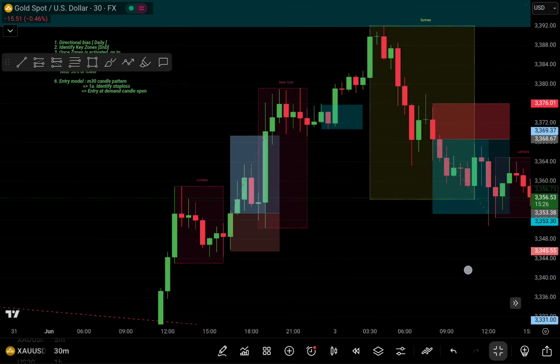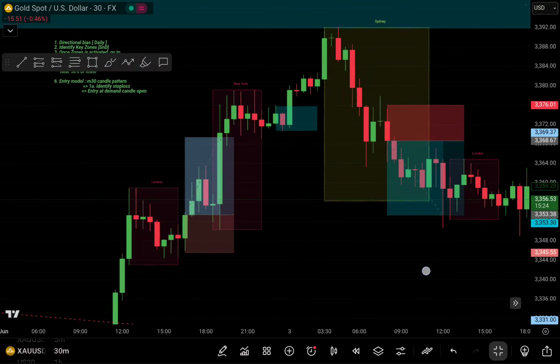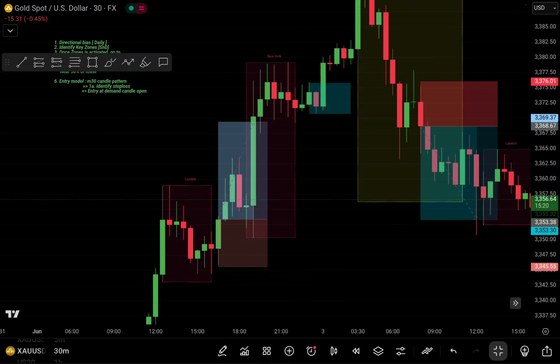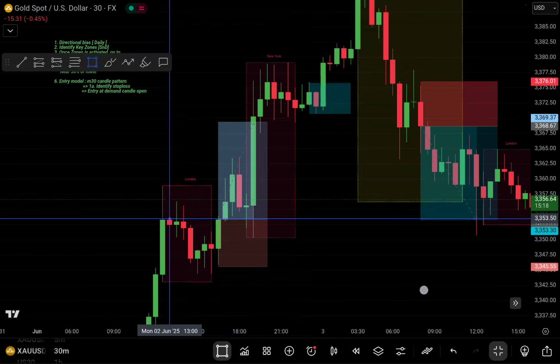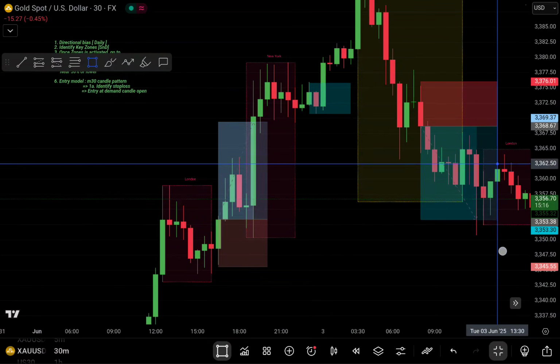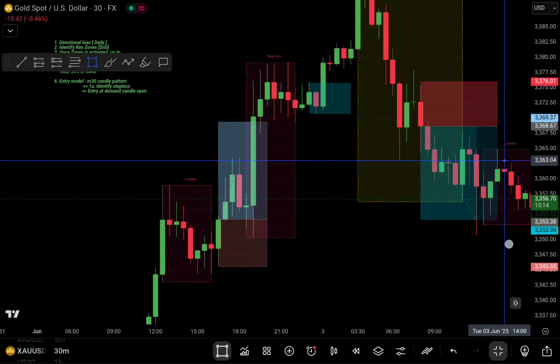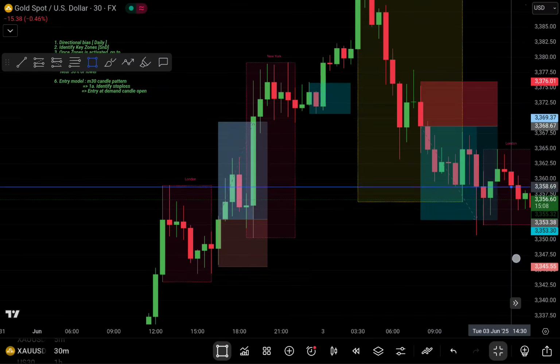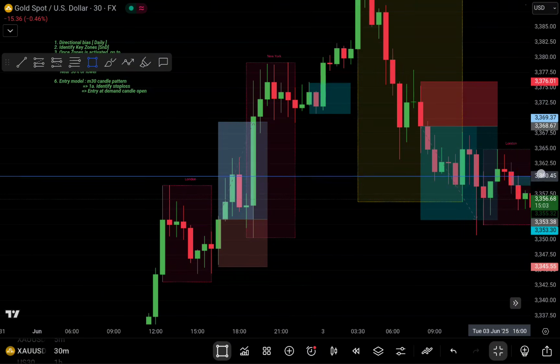It's just the start of London, wait. If you see here, this has become very choppy, but in a way this is a structural point, right? So this green candle, if you see a move from here to here, this was the pullback, then this was the stop, and this was your 30-minute engulfing, right?